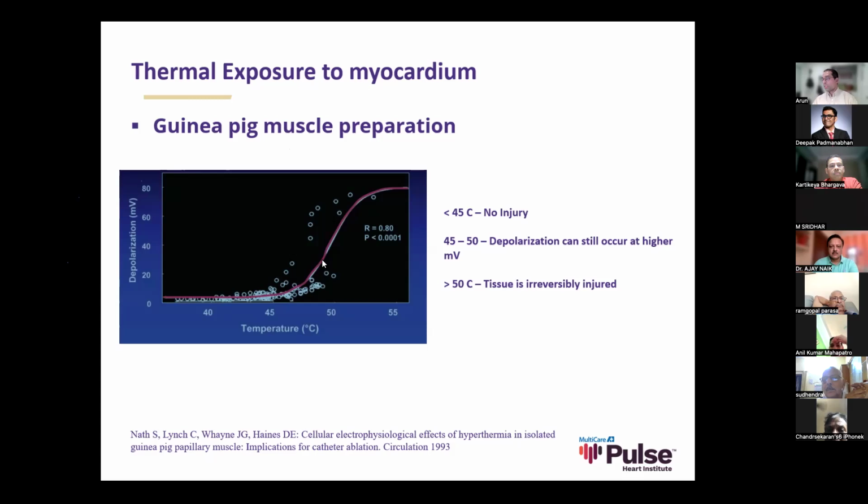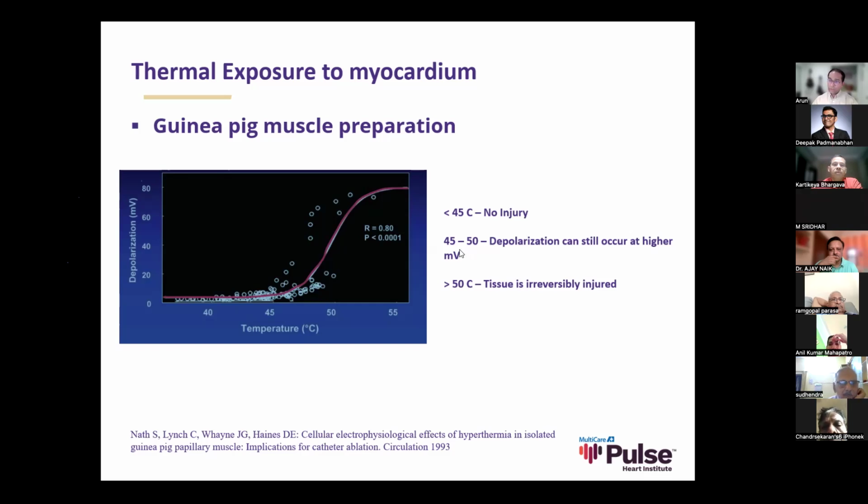This was a fundamental study done in 1993 by Dr. Haynes, one of the pioneers of these studies. They did a lot of guinea pig muscle and thigh muscle preparations. When you heat a tissue to less than 45 degrees Celsius, almost no injury happens.